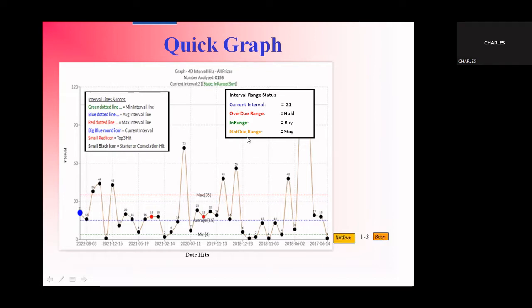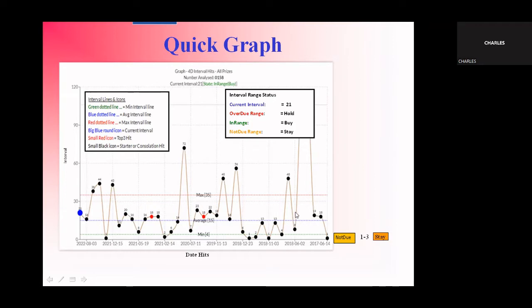Now, not due will be in the range of interval 1 to 3, which means from interval 1 right up to here, the green line here. So when a number is in this state, we call it not due. So you can see there are some numbers that hit in here, interval 1, interval 1, interval 2, interval 1. So they hit in not due.